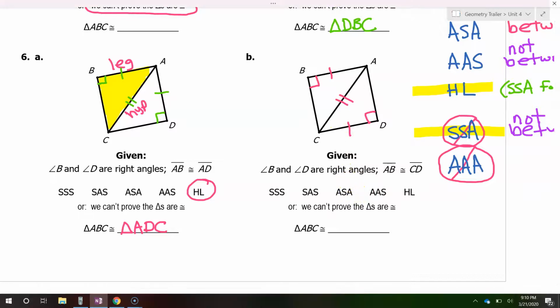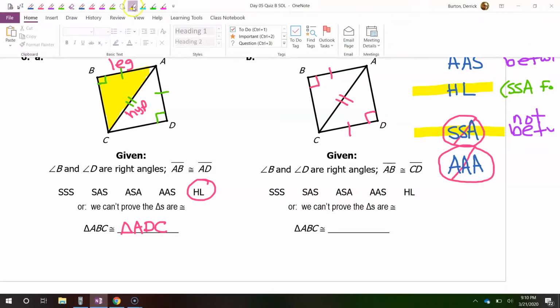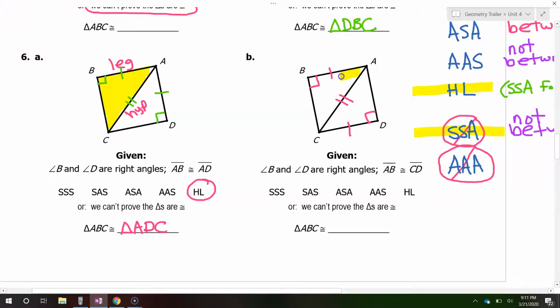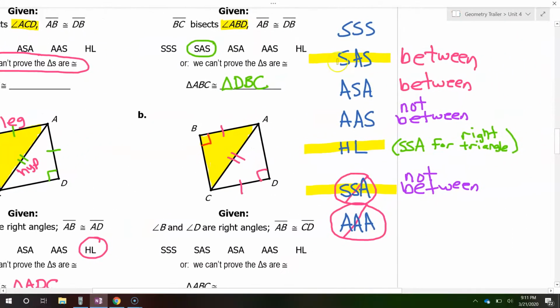In the meantime, as we try to decide how to prove these triangles are congruent, let's focus on one triangle at a time. So looking at this triangle, what parts do we have? We have two sides and an angle. So that narrows it down to these three possibilities. Starting with hypotenuse leg, it has to be a right triangle for that.